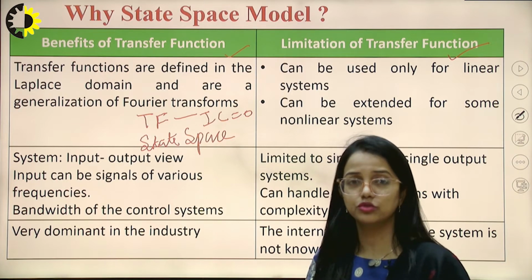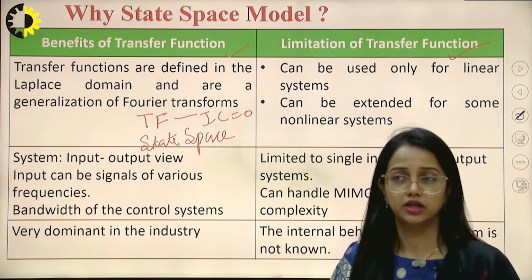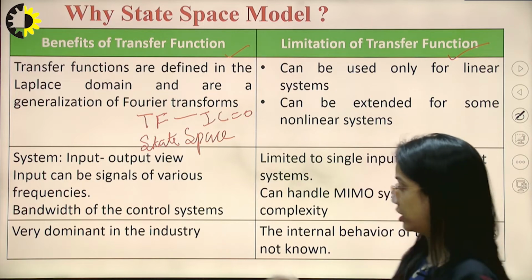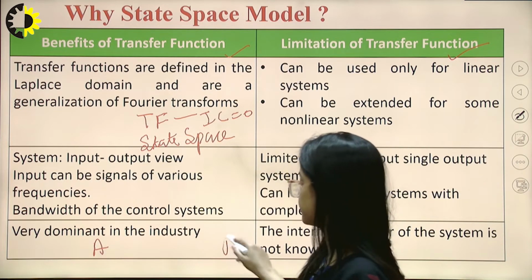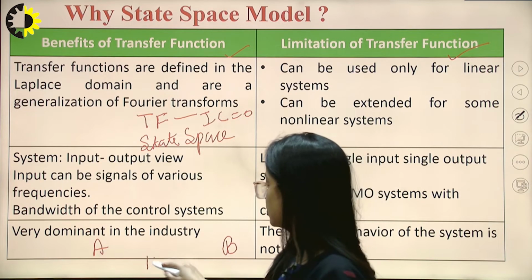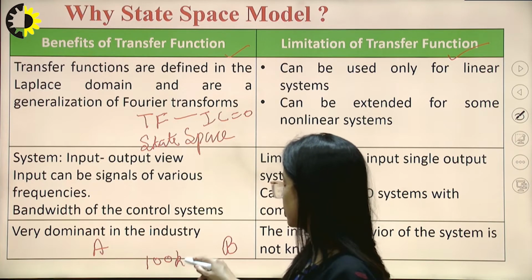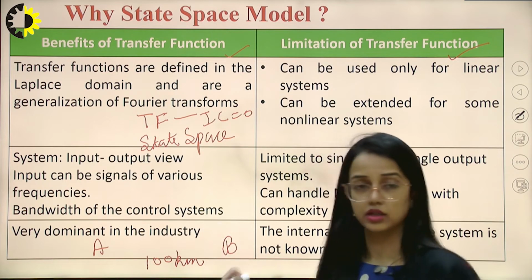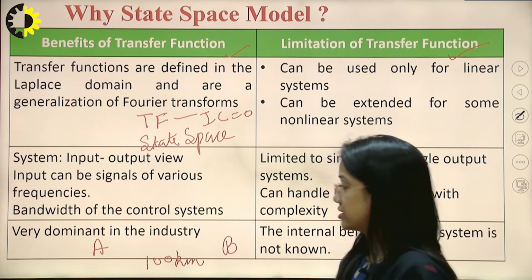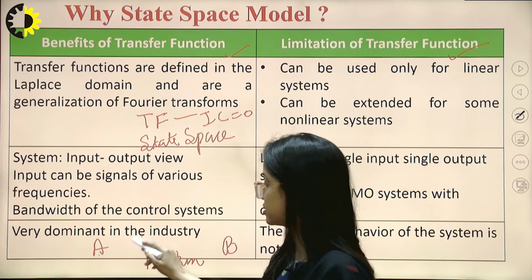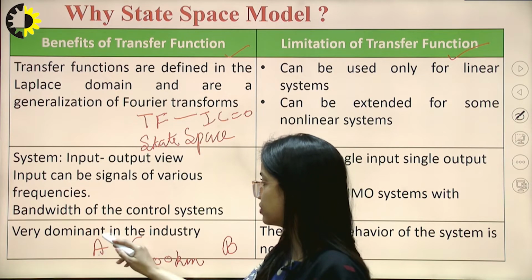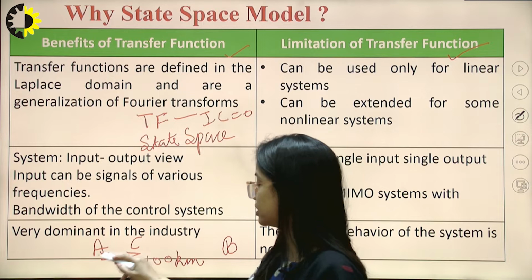Let's say we have to move from point A to point B, and point A and point B are 100 kilometers apart. So, the work to be done is for 100 kilometers. Now, let us assume that instead of being at point A, we are at point C. The distance between point A and C is 20 kilometers.